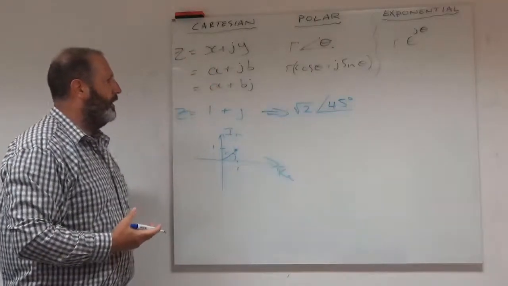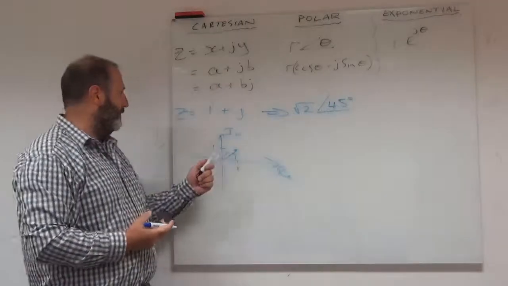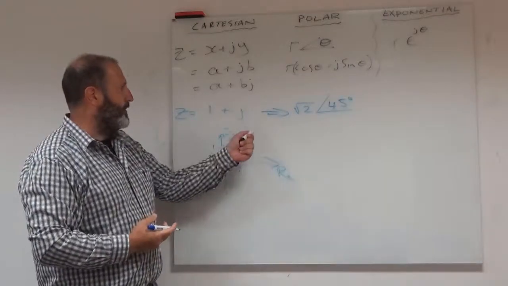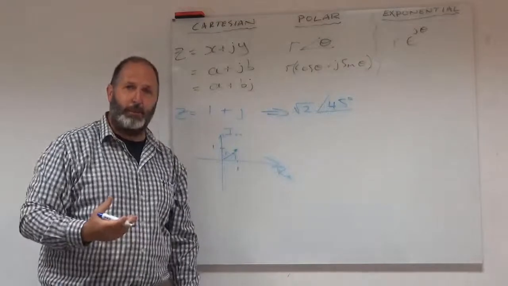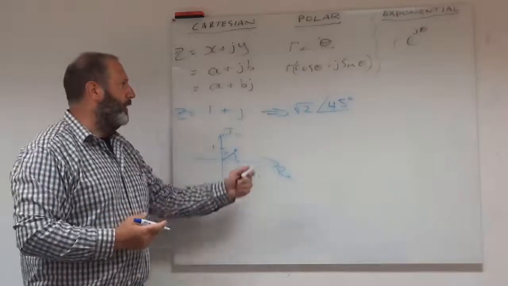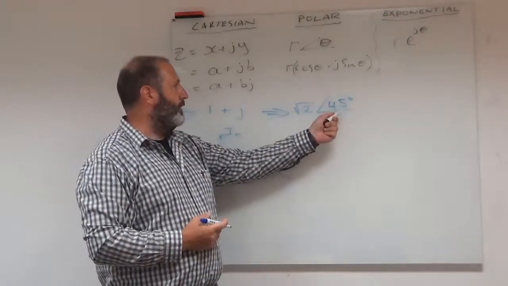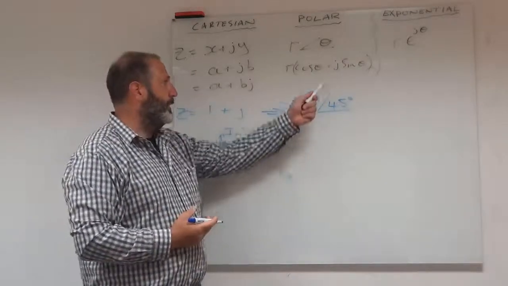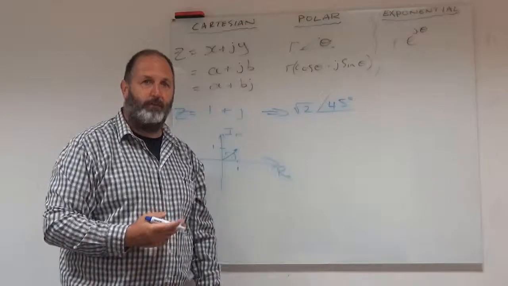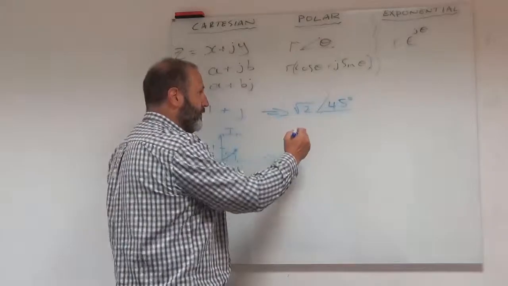So I know r and I know theta, so I should be able to write z equals 1 plus j, or z equals root 2 at 45 degrees straight into exponential form. However, while we can write polar form in either degrees or radians, we need to express exponential form in radians. So the first thing I want to do is just convert this.